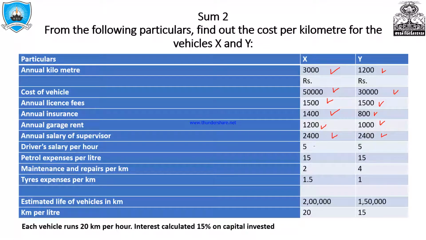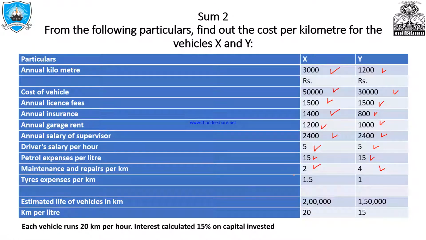Driver salary per hour is rupees 5 for both vehicles. Petrol expense per liter is 15 rupees for both vehicles. Maintenance and repairs per kilometer: vehicle X 2 rupees, vehicle Y 4 rupees.